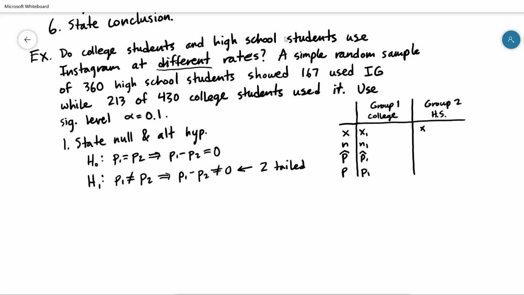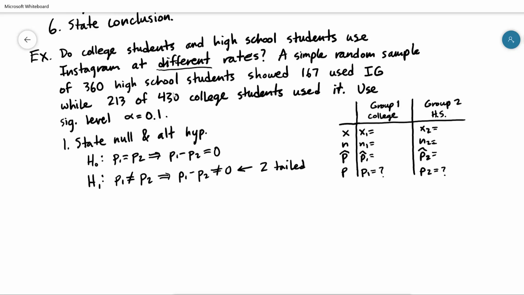So let me just fill these all in, and we can figure out the values that we're going to use for each one. Okay. So P1 and P2, these are the things that I'm never going to actually know. These are what we're trying to draw conclusions about.